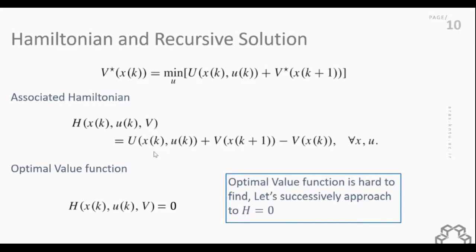It's not necessarily zero, but what we know is that if we have the optimal value function, this value would be zero because it's just bringing everything in this equation to one side. So we say, okay, we don't have the optimal controller, we form this equation and we try to successively get closer to H equal to 0. It's one of the main ideas behind this method.